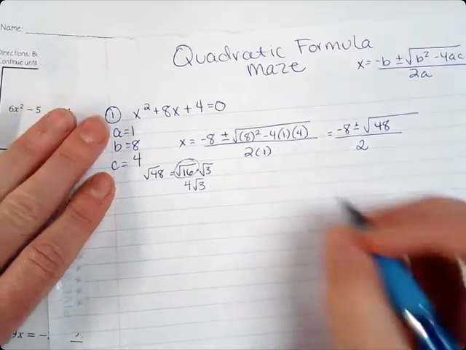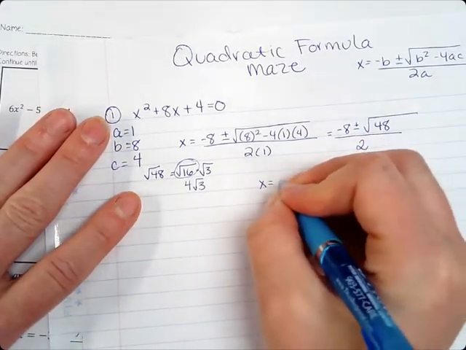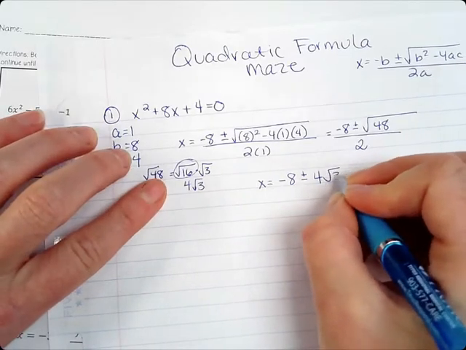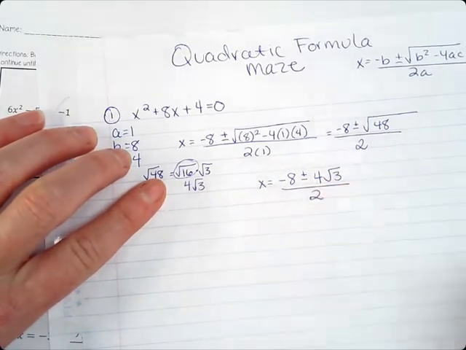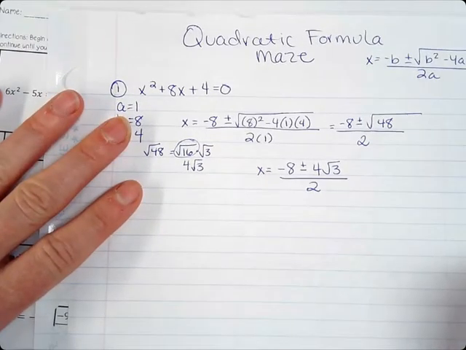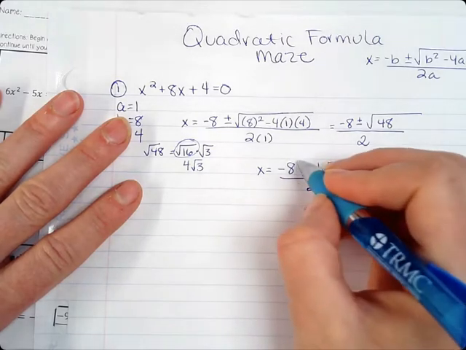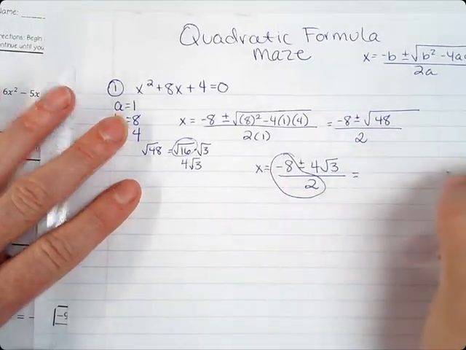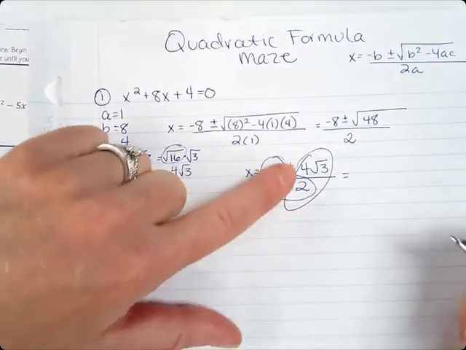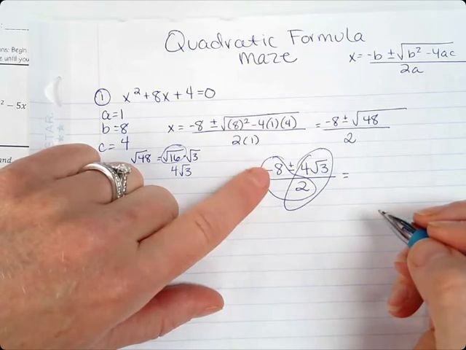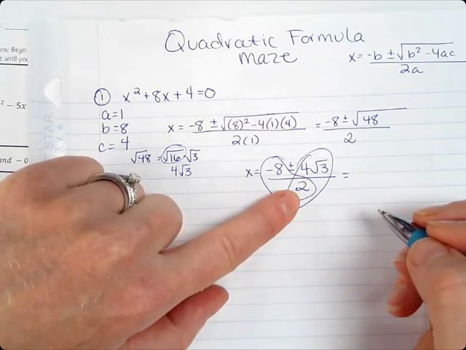So then we will write it: x equals negative 8 plus or minus 4 square roots of 3, over 2. I replaced the square root of 48 with 4 square roots of 3. Now I simplify. Negative 8 over 2 and 4 over 2. What will go into all of these numbers, negative 8, 4, and 2? 2.